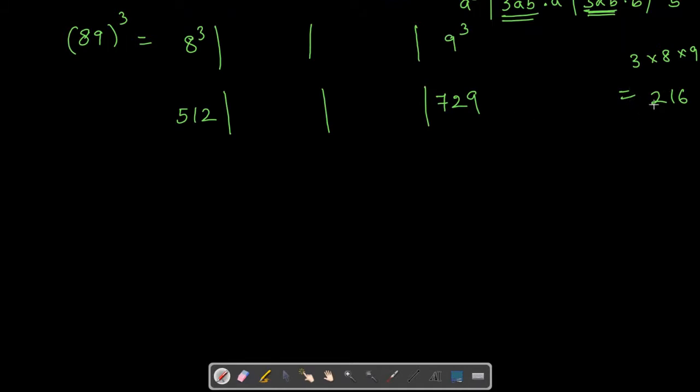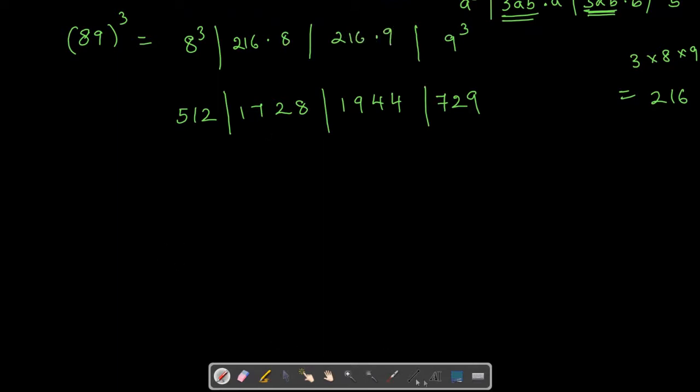So can I just multiply 216 by 8 and get the value? 216 when multiplied by 8, I get 1728, and 216 when multiplied by 9, I get 1944. So can I just write it over here as 216 times 8 and 216 times 9.